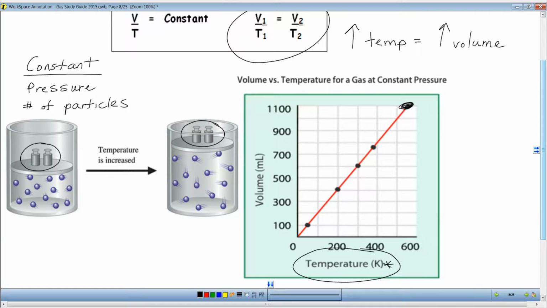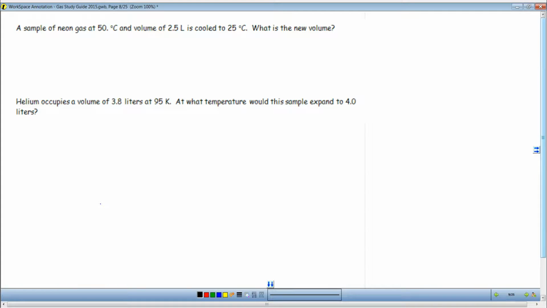Okay, so watch this. How do I know it's Charles' law? How do I know what equation to use, which is usually one of the most common questions I get? Look at the data set. A sample of neon gas at 50 degrees Celsius and volume of 2.5 liters is cooled to 25 degrees Celsius, and I want to know the new volume.